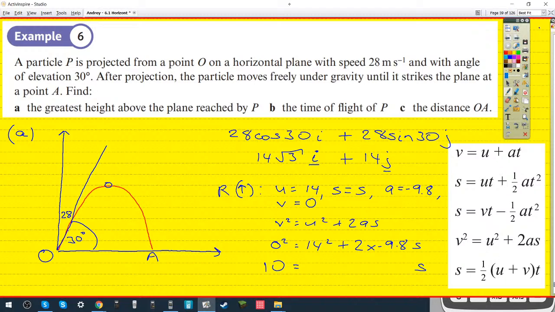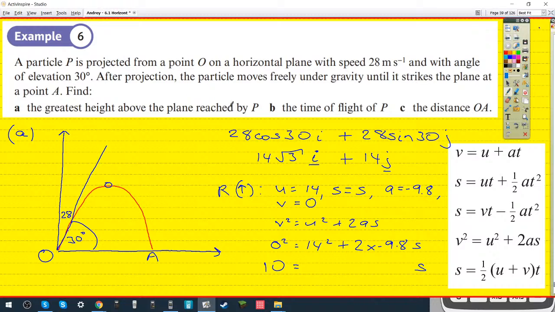So now I know what S is. Now I just need to sub the same old stuff in to get T. Yep. So could I do, for example, V equals U plus AT? Yep.